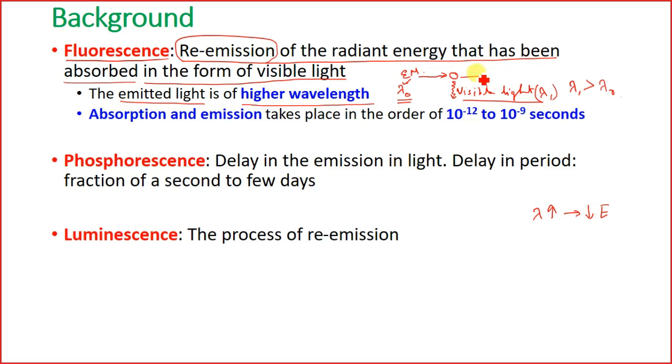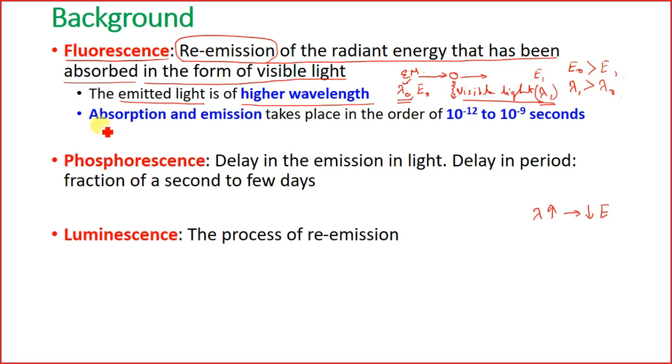Okay, so since the visible light is being emitted at higher wavelength, lambda 1 is greater than lambda 0. In other words, if I say the energy associated with lambda 0 is E0, and for lambda 1 is E1, then we can say E0 is greater than E1. Okay.